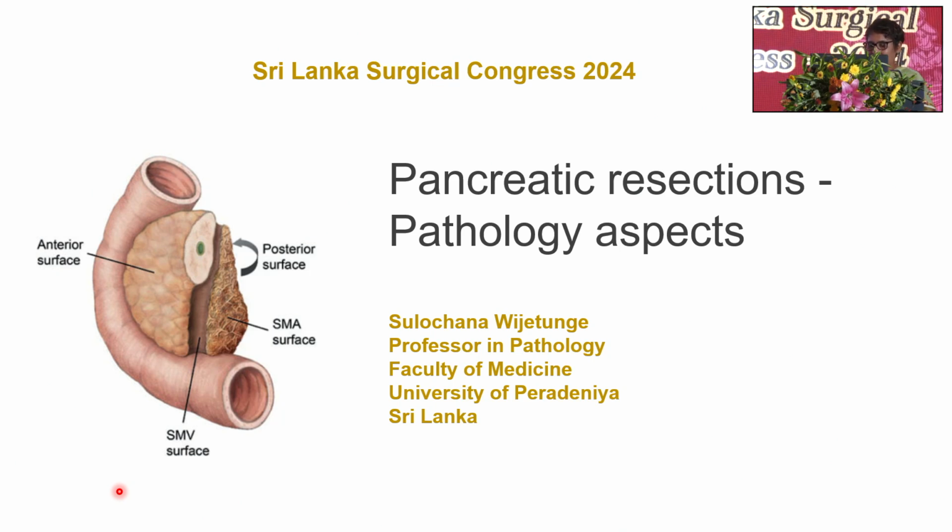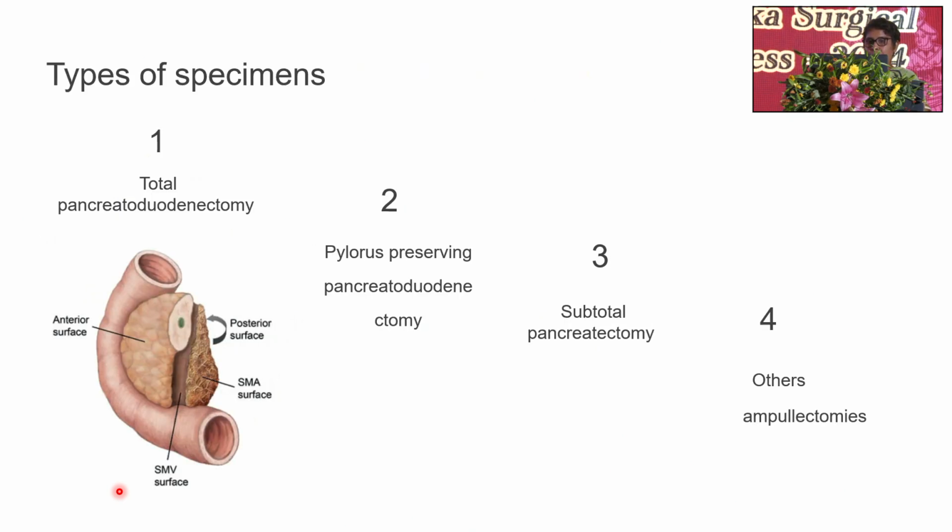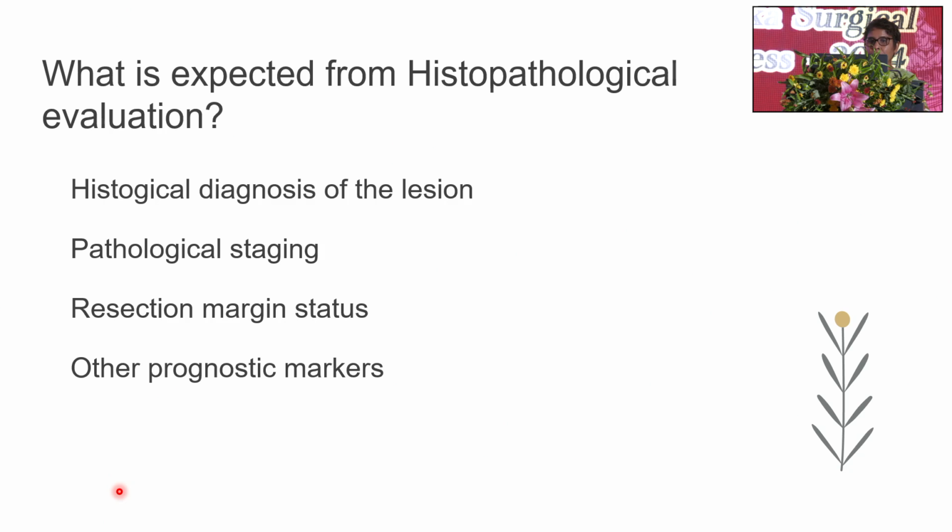In surgical pathology, pancreaticoduodenectomies are one of the most complicated standard specimens that we receive. So these are the types of specimens that we commonly receive, and what you expect from the histopathological evaluation.